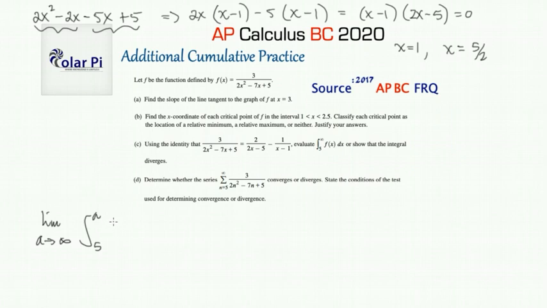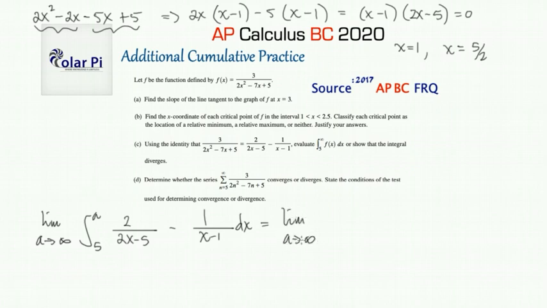The integrand is now 2 over 2x minus 5, minus 1 over x minus 1, dx. So this is the limit as a goes to infinity.